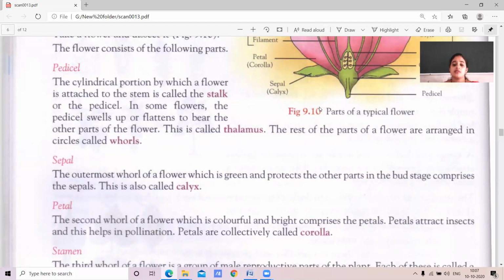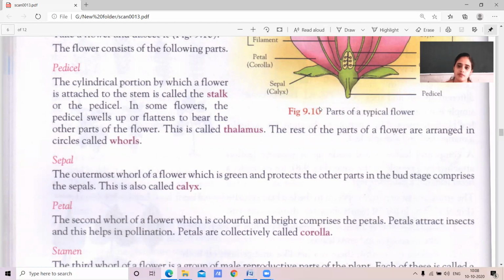Here, the second whorl of the flower, we call petals or corolla. It is bright in color, very attractive. Why? To attract insects for pollination.